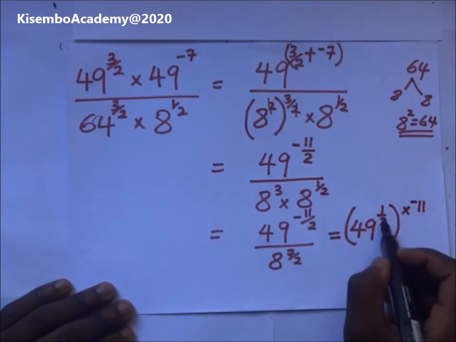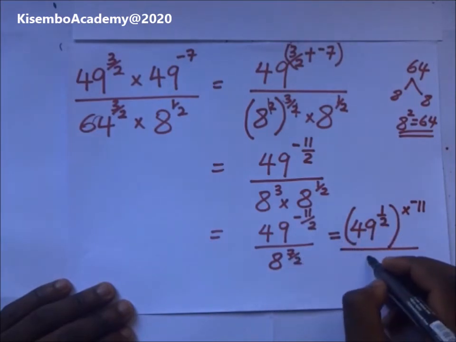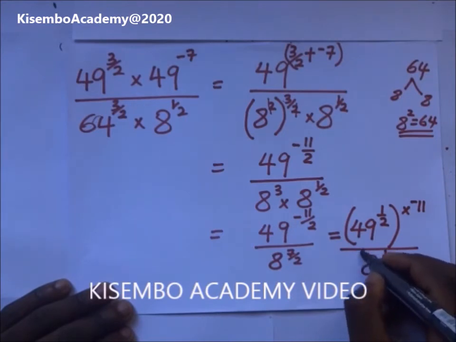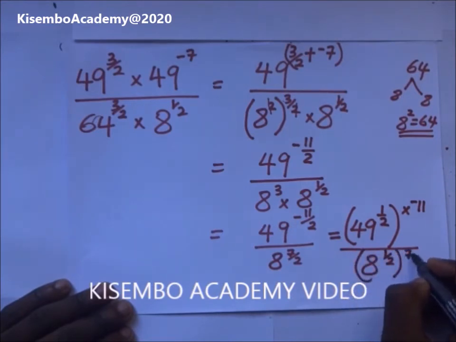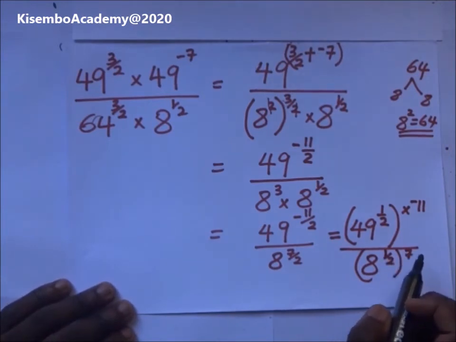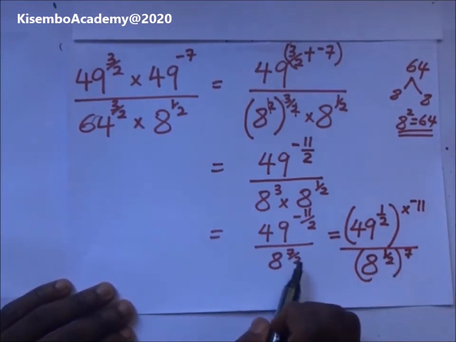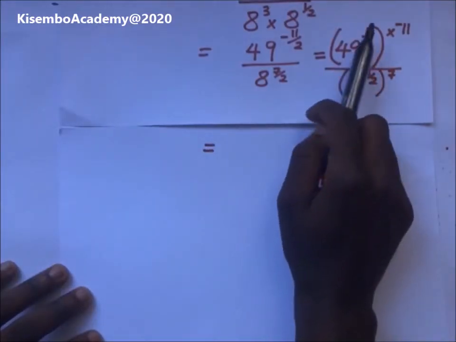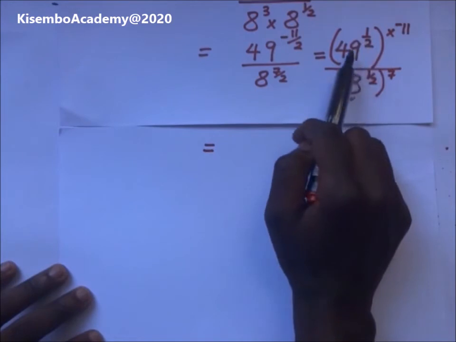So it's 49 to the power a half, divided by 8 to the power a half, times 7, because 7 times a half, when you multiply these powers, gives you 7 over 2. So this gives us 49 to the power half, the square root of 49 is 7.